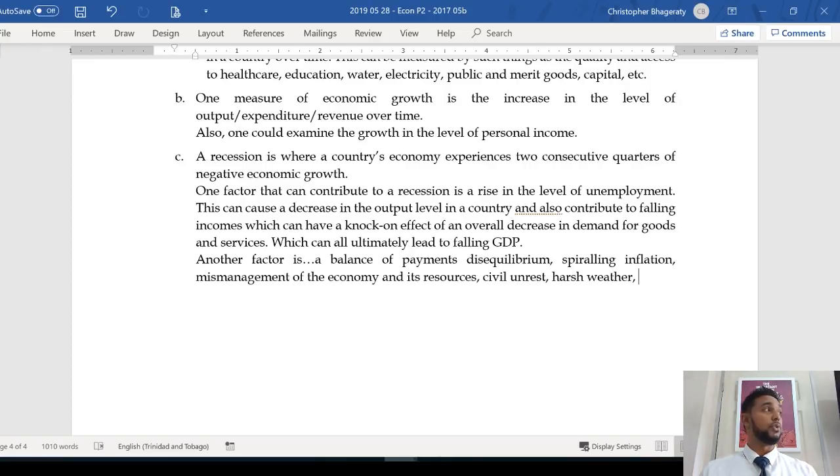You're leaving fewer resources for the locals to take advantage of and to sell and possibly export, right? So that is another good one to talk about: a lack of factors of production, which could come about because of mismanagement of the economy and resources.